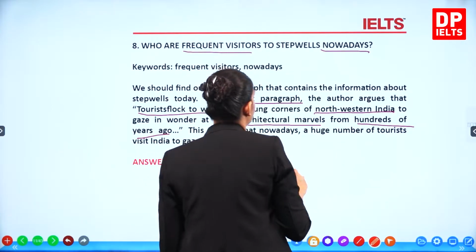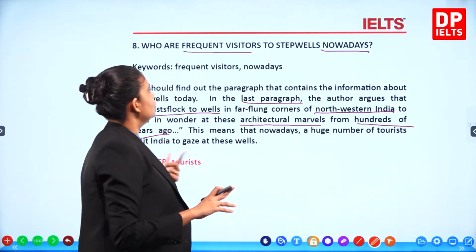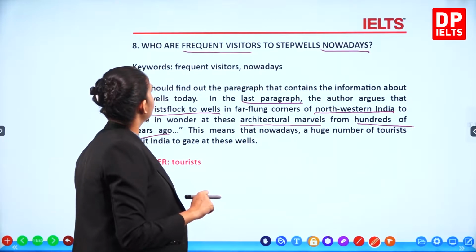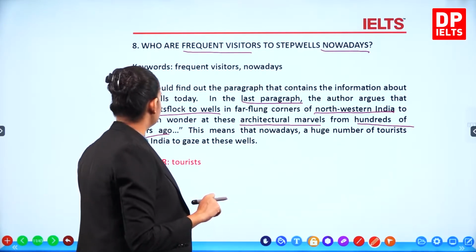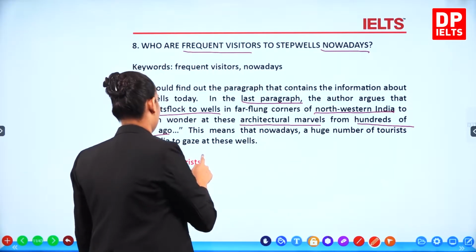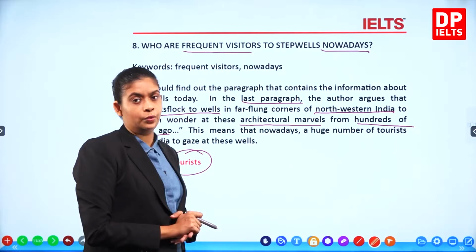So nowadays a huge number of tourists visit India to look at these wells. So who are frequent visitors to step wells nowadays? Tourists. If you say tourist, it's wrong because they are plural, tourists.